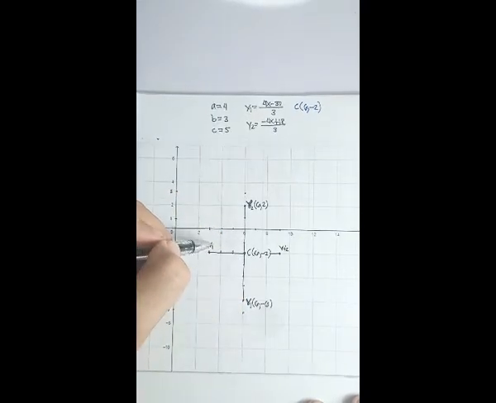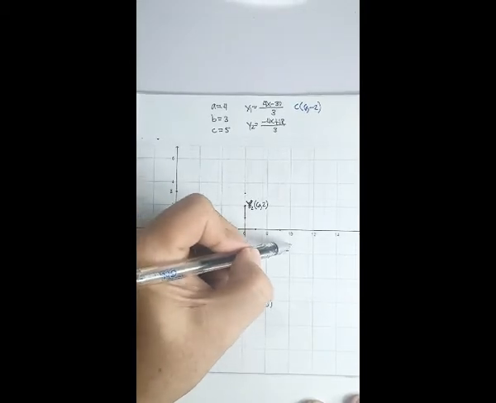So location sa atong W1 is gikan sa 0, 1, 2, 3. So 3, and then this is negative 2.